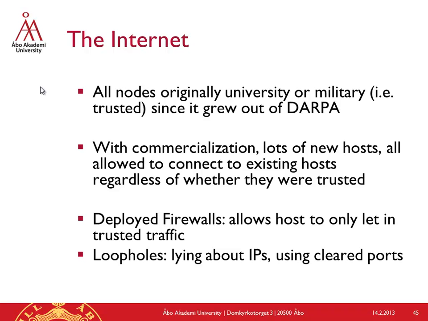Another bad example is the Internet. What's the problem with the Internet? It started with DARPA and trusted universities, but later it started being used by different commercial organizations. No one was thinking about the security issues of the Internet, because it was just a very small network of DARPA and universities.